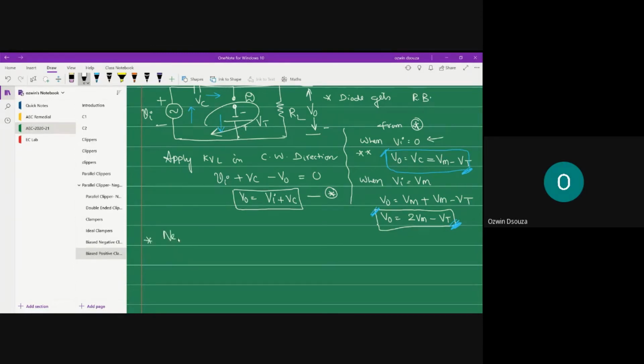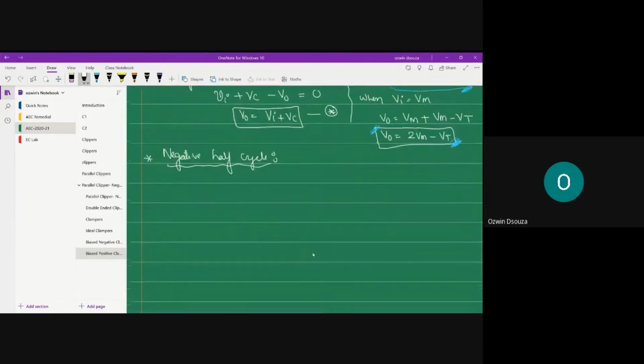So let's consider the negative half cycle. In the negative half cycle, what you have to do is inverse the polarity of the input. Minus plus is the capacitor voltage, the source with the reversed polarity, and this is your diode.